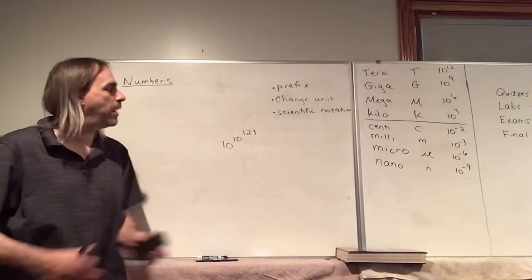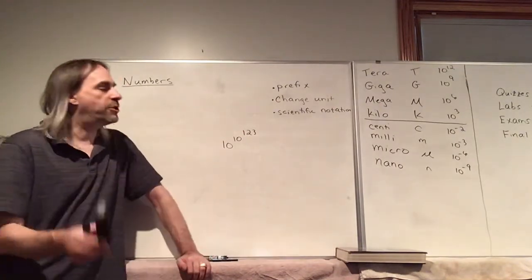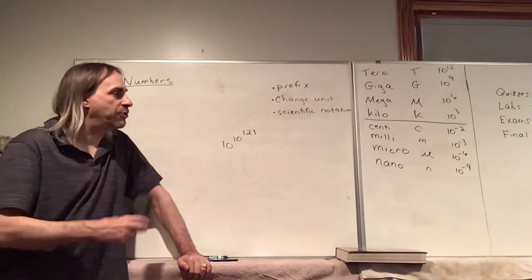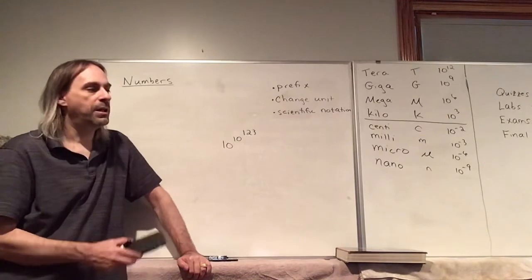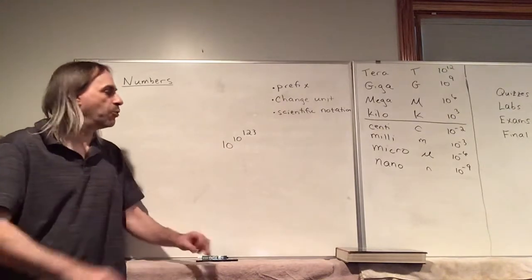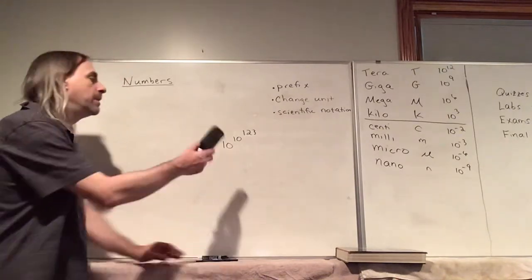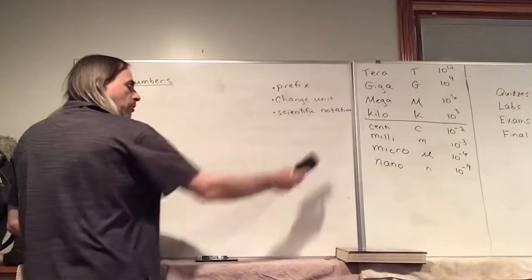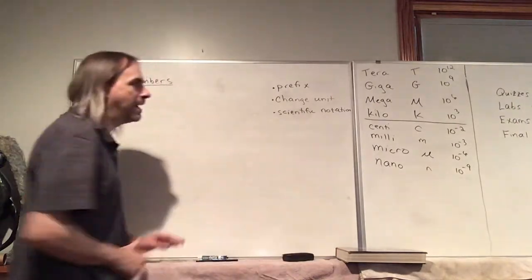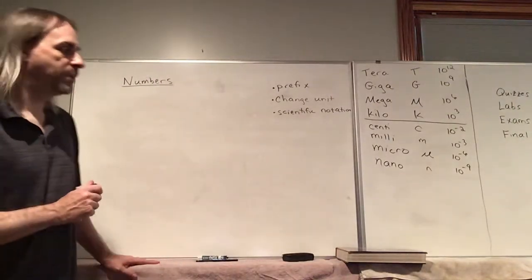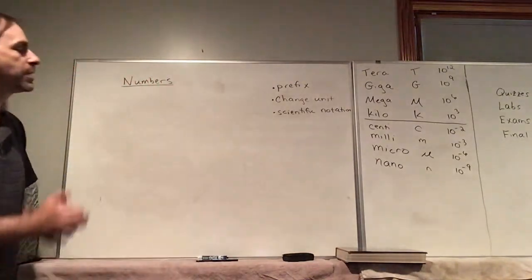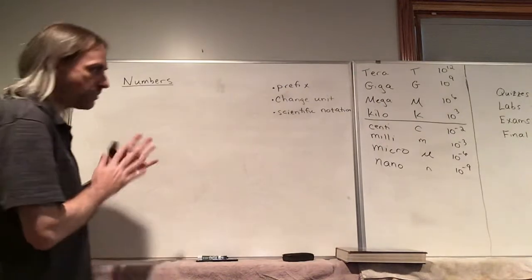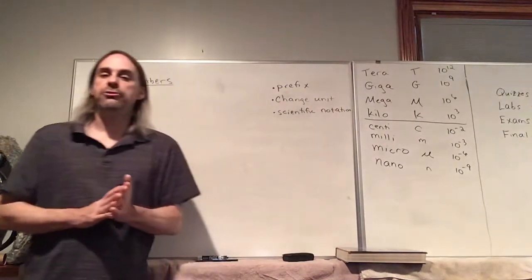This kind of double exponent thing does show up in one branch of physics called statistical mechanics. When you deal with all the possible states something could be in, you sometimes come across double exponents, but that's definitely not something we're going to worry about here. So as far as we're concerned, any number we can easily handle with scientific notation. So that's one big advantage.